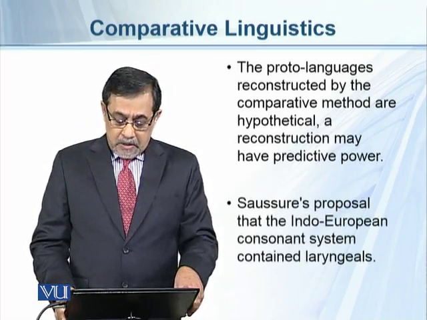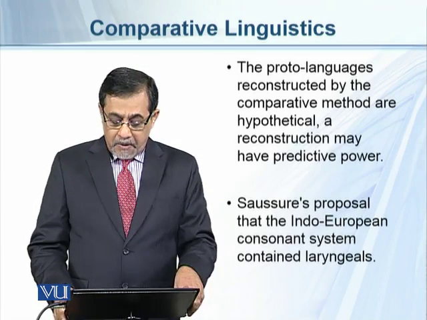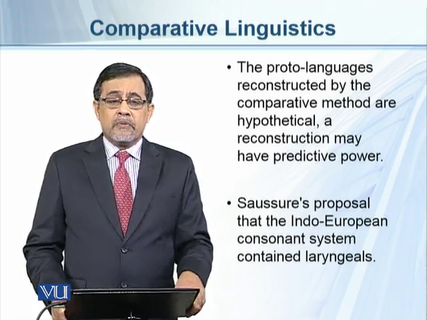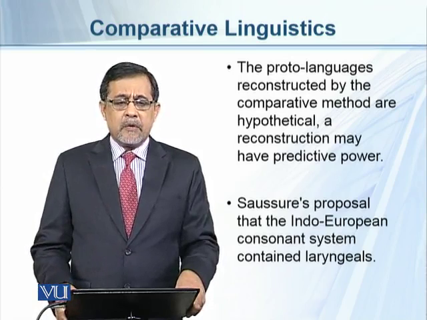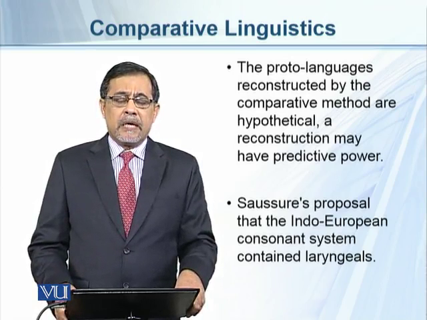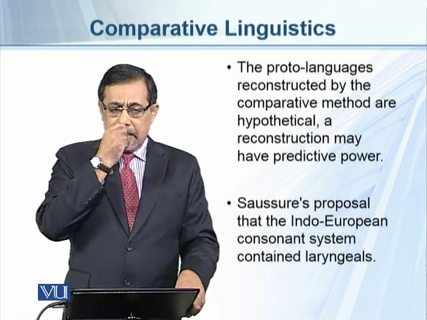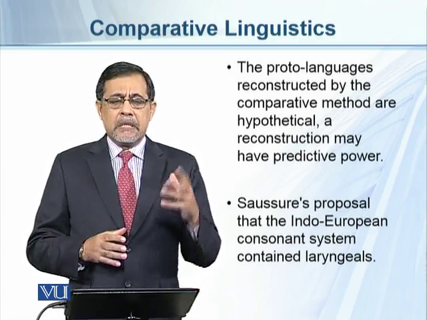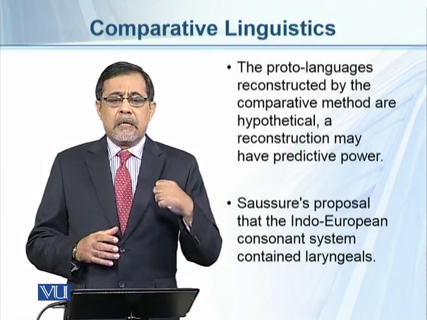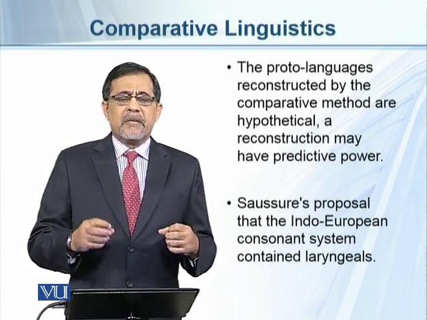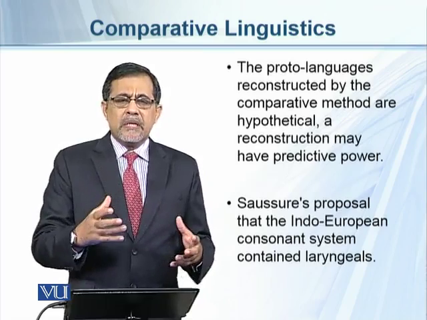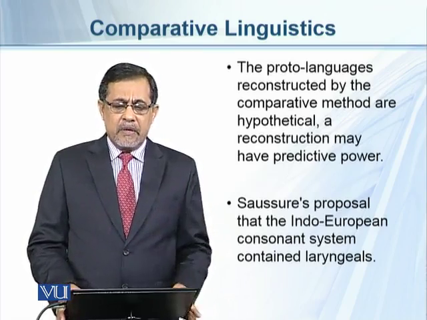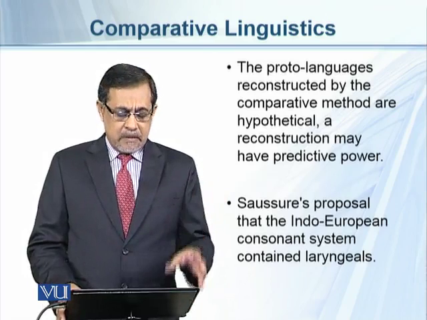Saussure's proposal was that the Indo-European consonant system contained laryngeals. Saussure, the great linguist of the first part of the last century, said that in Indo-European languages there are laryngeal sounds close to the voiceless fricative ha sound, which is a glottal sound.